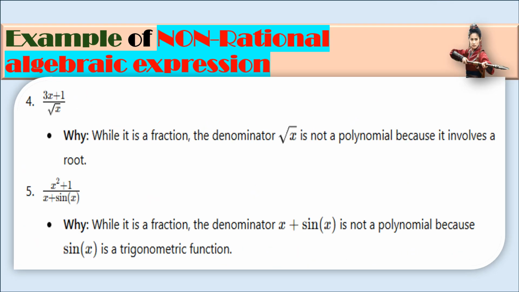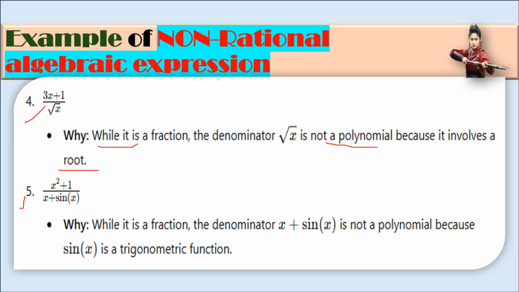Other non-rational algebraic expression examples are here. We have number 4, 3x plus 1 over square root of x. While it is a fraction, the denominator, square root of x, is not a polynomial because it involves a root. Okay? In number 5, we have x squared plus 1 over x plus sin of x.